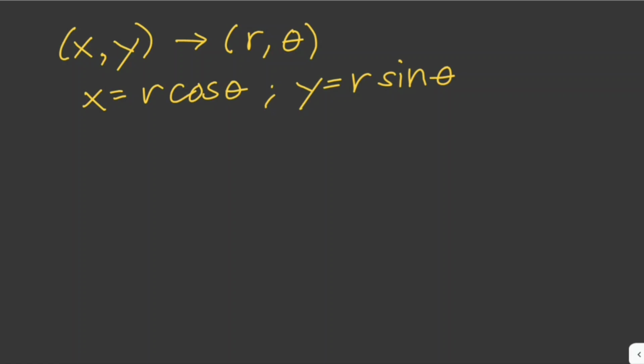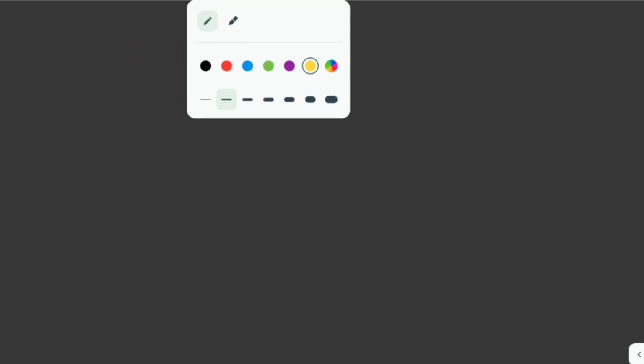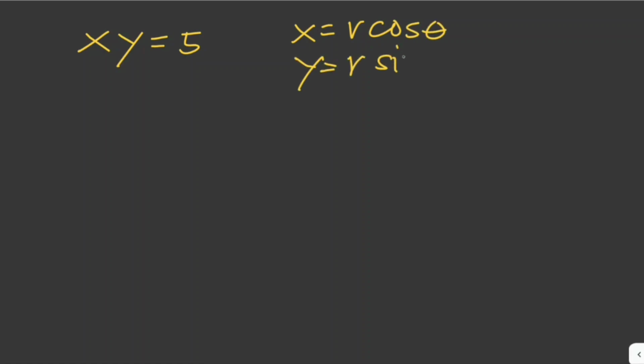So let's say we're given this equation in rectangular form, xy equals 5. And now let's convert this into polar form. Remember the conversion equations, x equals r cosine theta and y equals r sine theta.